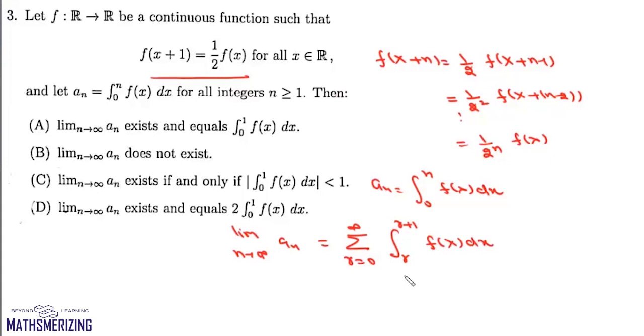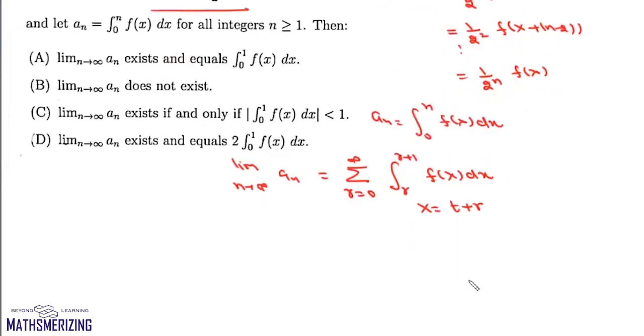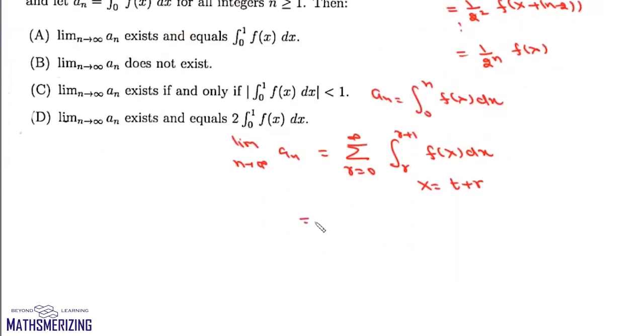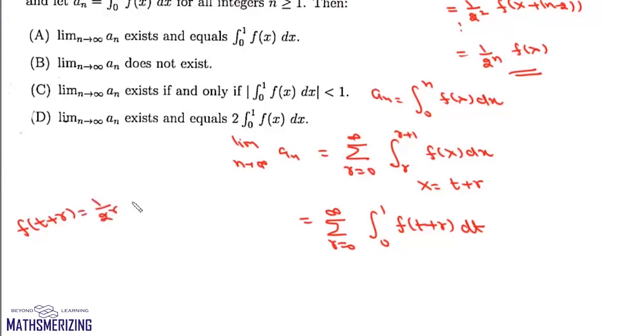Now what we'll do is, we'll replace x with t + r, then we can write this as this summation r varies from 0 to infinity, here will be from 0 to 1, of f(t + r) dt. Now using this relation we can write f(t + r) as 1/2ʳ into f(t).